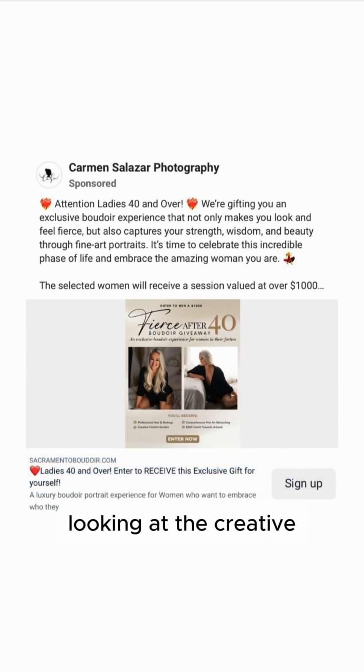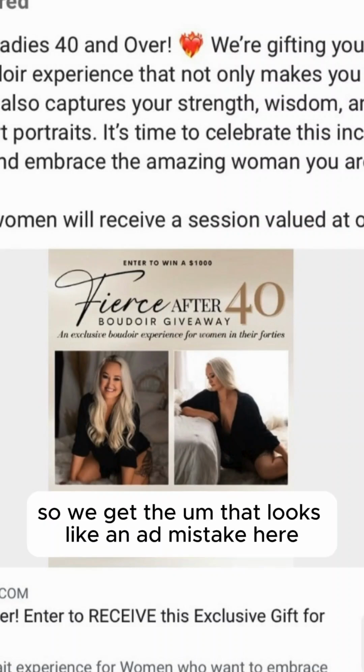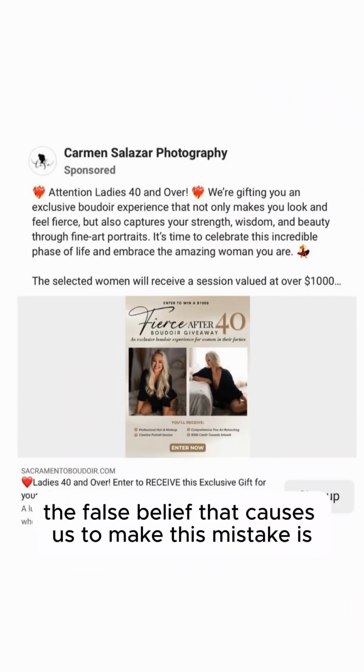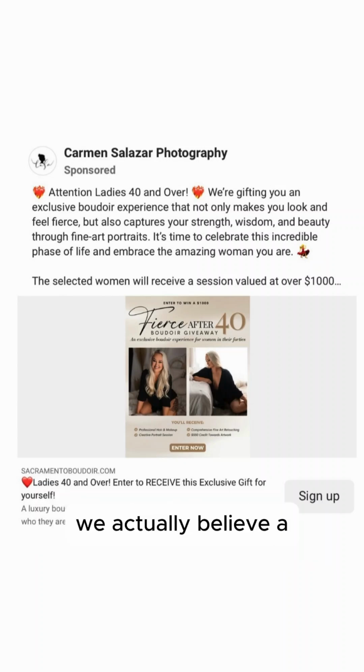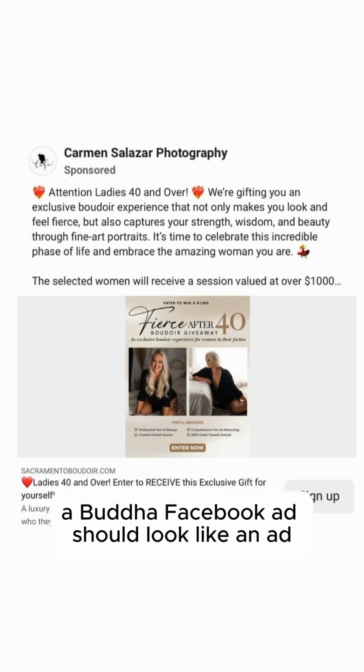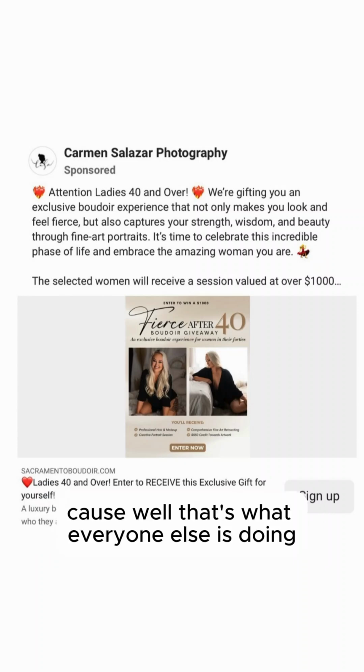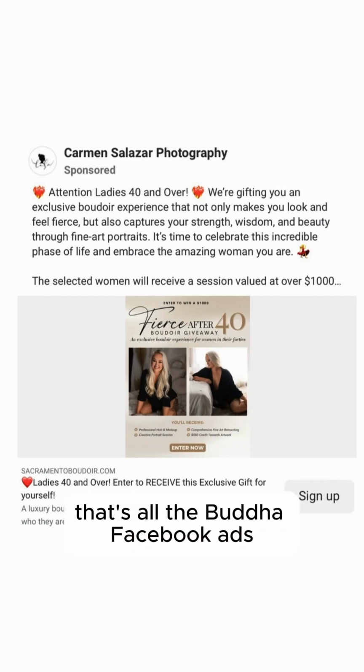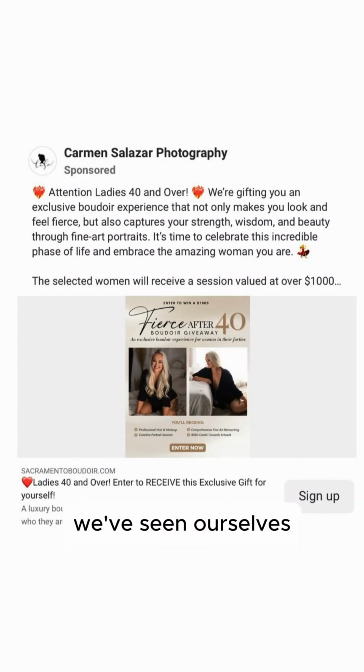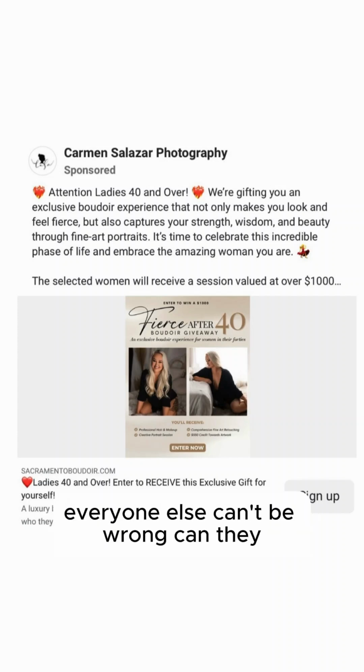Next, looking at the creative. All right, we've got the looks-like-an-ad mistake here. The false belief that caused us to make this mistake is we believe a boudoir Facebook ad should look like an ad because that's what everyone else is doing. That's all the boudoir Facebook ads we've seen ourselves. Everyone else can't be wrong, can they?